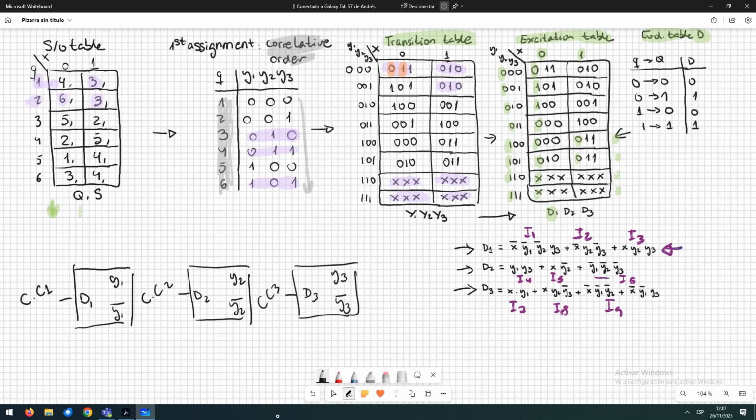And this is what we obtained using, this is important, this assignment of the binary codes to the states. Now we are going to repeat the same exercise by changing the assignment that we use to codify the states. We are going to see if we can make a difference, if this can be simpler or more complex. Just let me clear this and we continue.